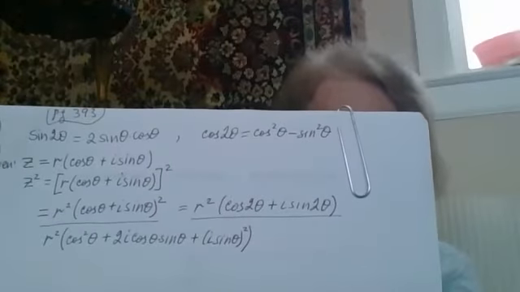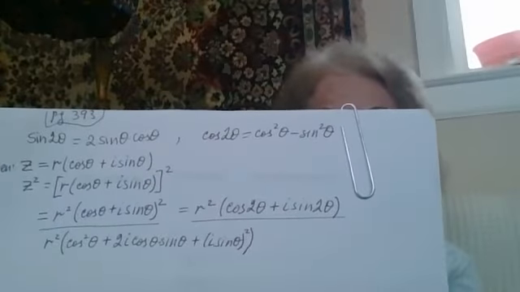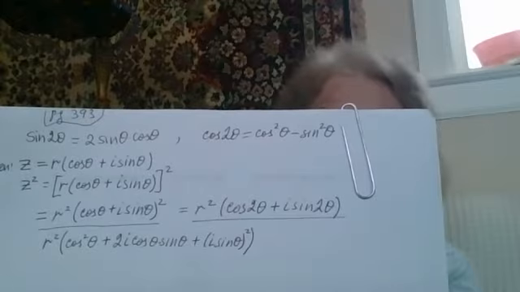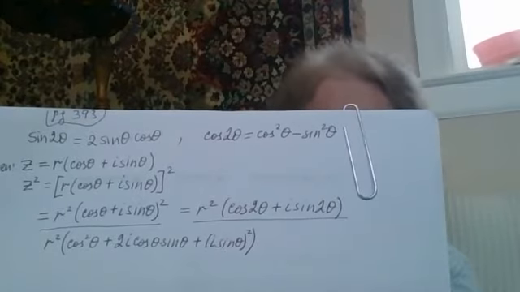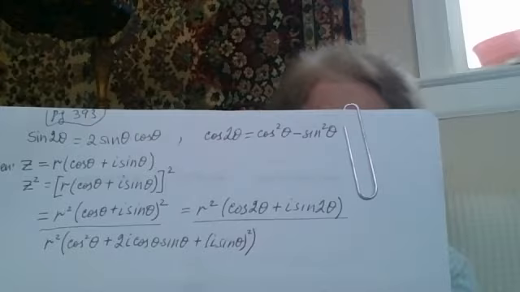So it will be cosine squared theta plus 2 times i cosine theta times sine theta plus i sine theta squared. Again, what did I do? I used the formula (a plus b) squared, which is a squared plus 2ab plus b squared. So far, so good? Yes.